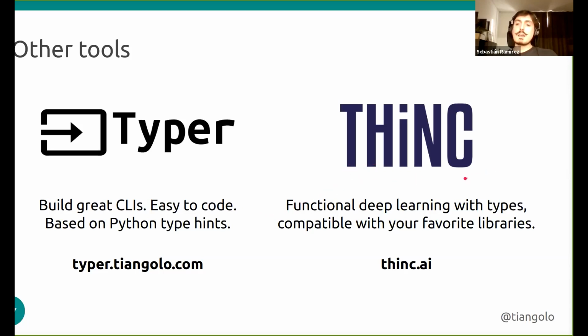Thinc is the functional deep learning framework based on Python type annotations, which is also compatible with your favorite libraries, so you can integrate it with PyTorch, TensorFlow, whatever you need. And it even has a plugin for doing analysis of the types and the type shapes of your NumPy arrays.